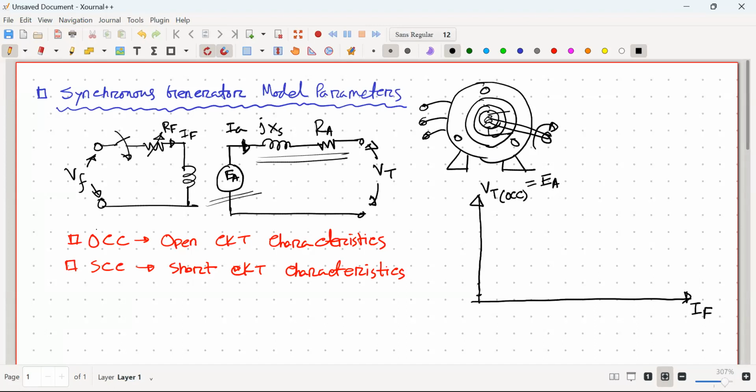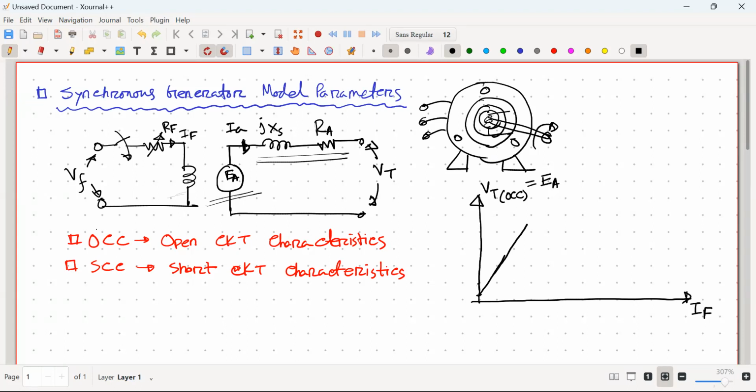Now, if I keep increasing the value of IF, EA will also increase. So this will be increasing linearly. After some time, this material will go to a saturated condition.